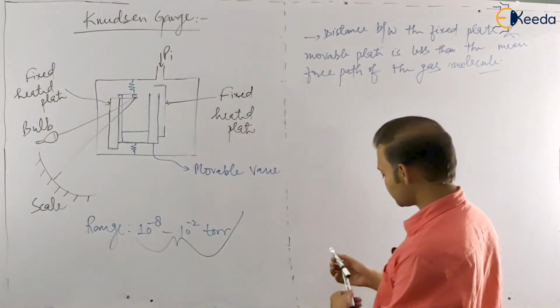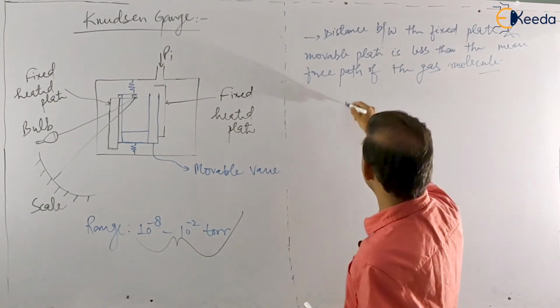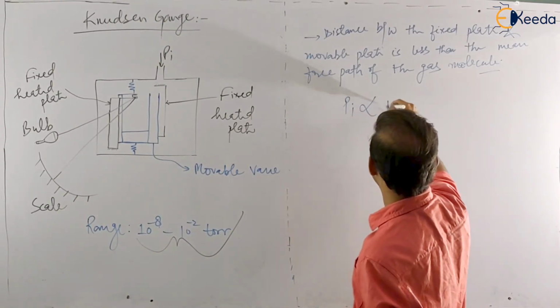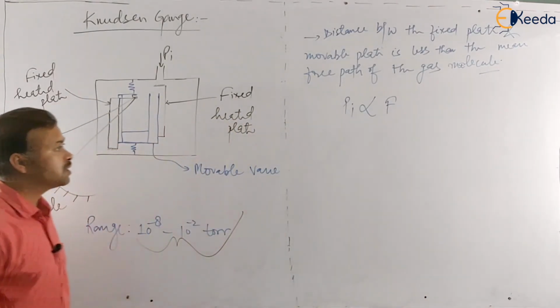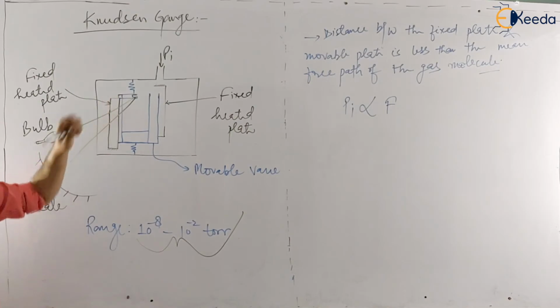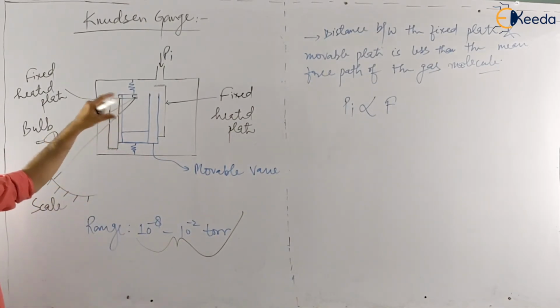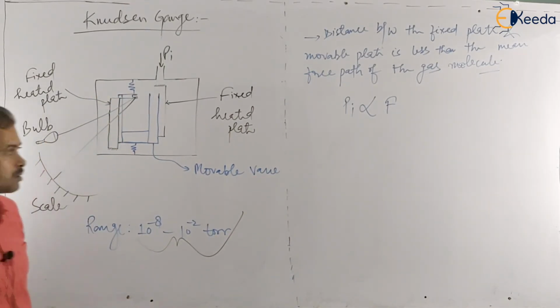So input pressure will be directly proportional to the force generated by the collision of the molecules on the movable vane, correct?